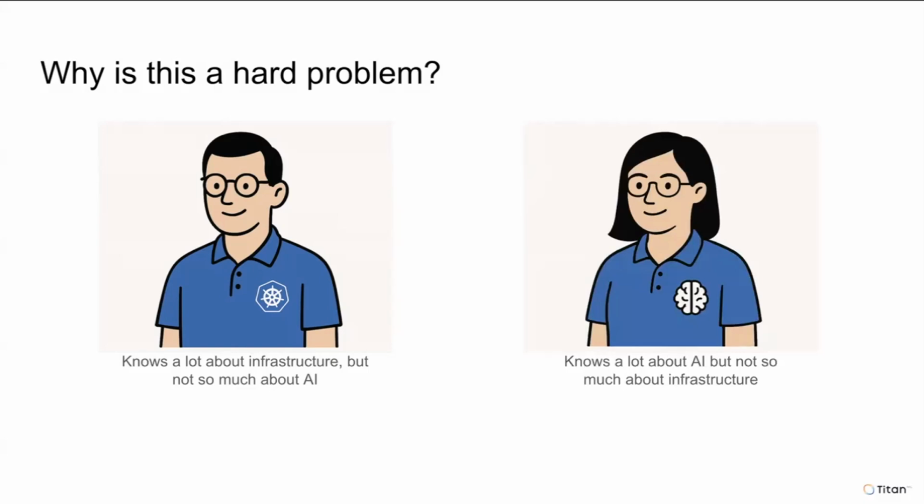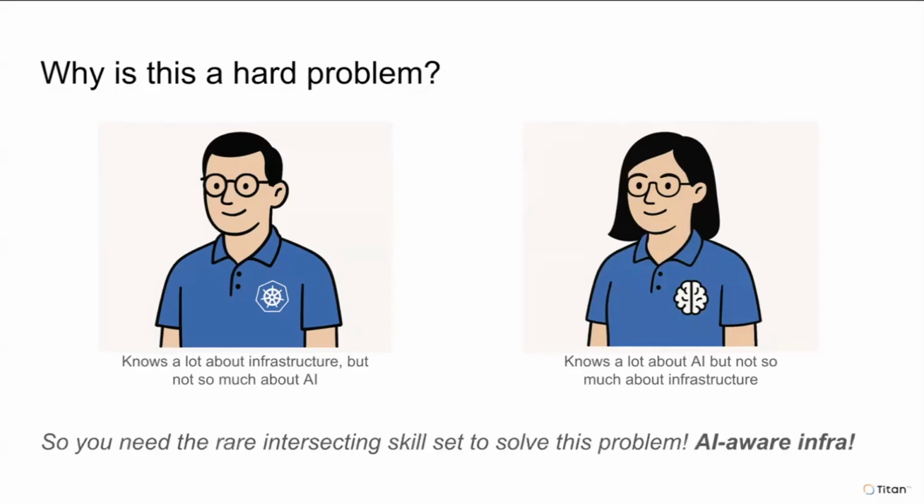So there's this interesting problem where the skill set and knowledge is completely distributed within the org. To solve the problem of how you scale in AI, you need an intersection of understanding how AI models and AI inference work, while also understanding the infrastructure side too. I've called this AI-aware infrastructure.